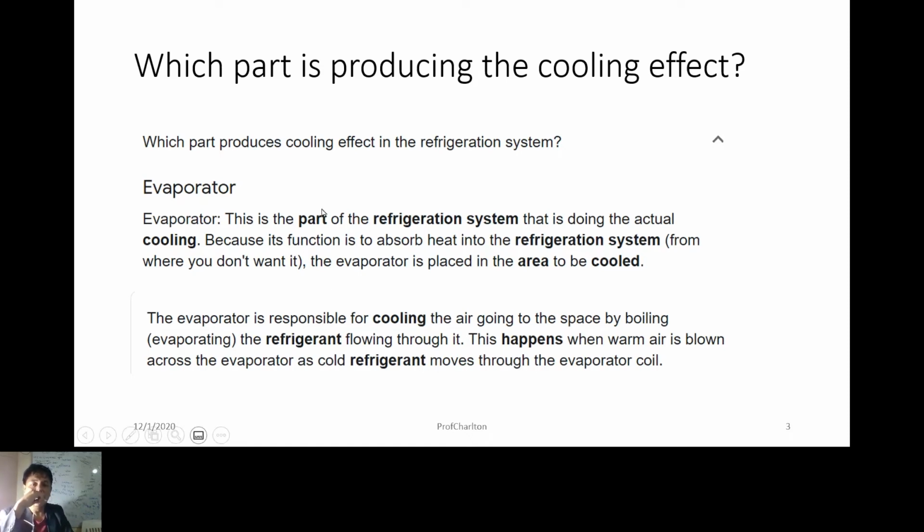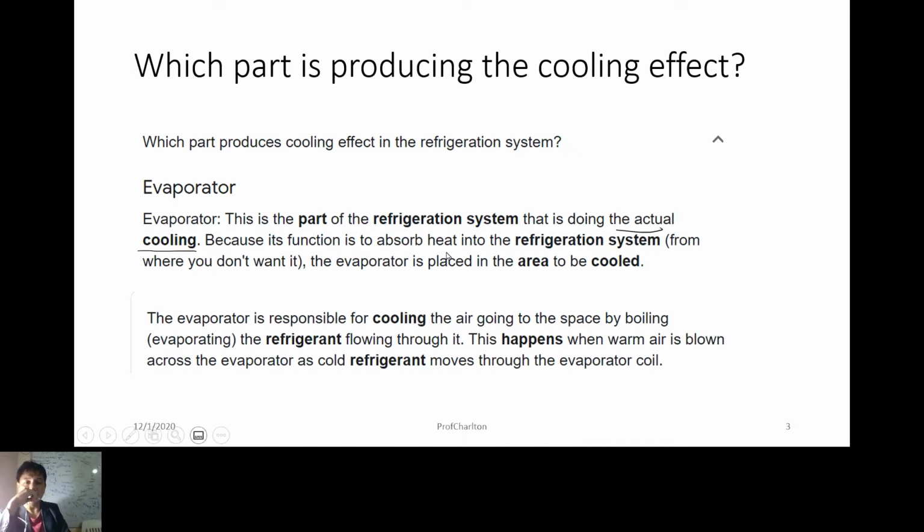Which part produces the cooling effect in the refrigeration system? The evaporator is the part of the refrigeration system that does the actual cooling, according to Google, Wikipedia, or journals.